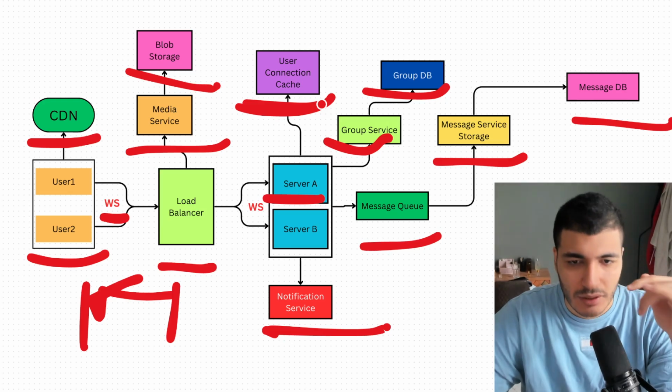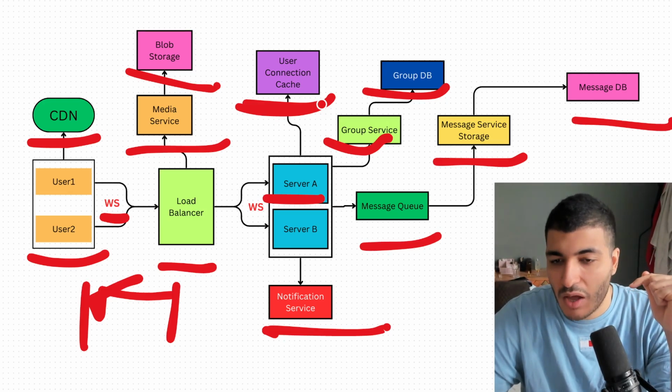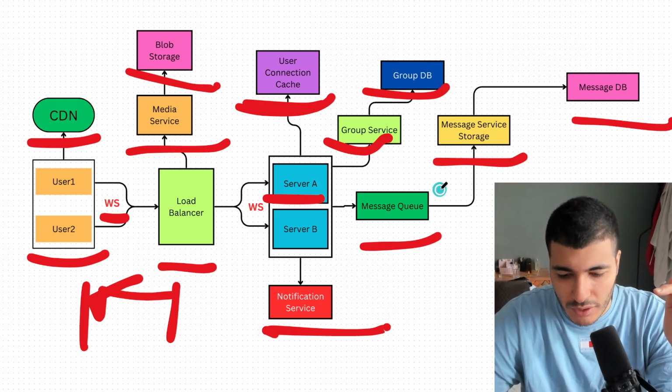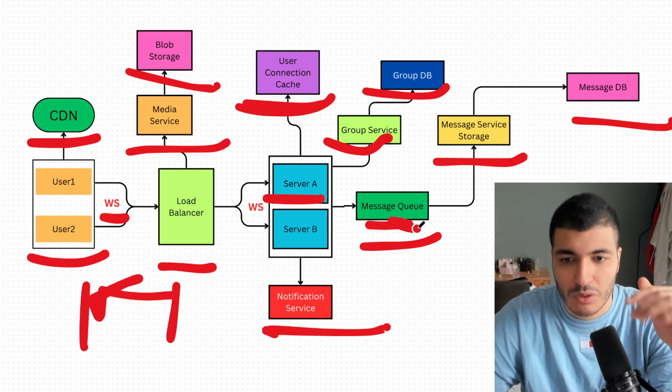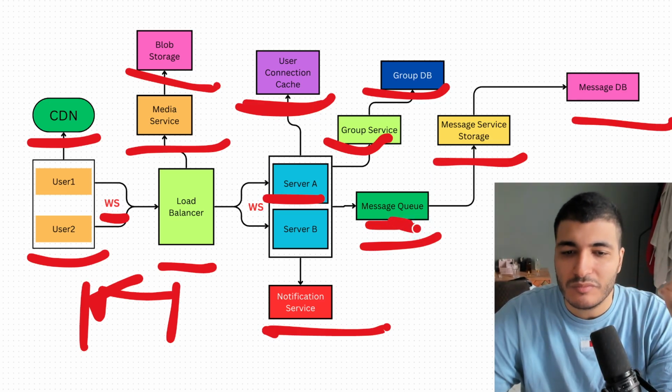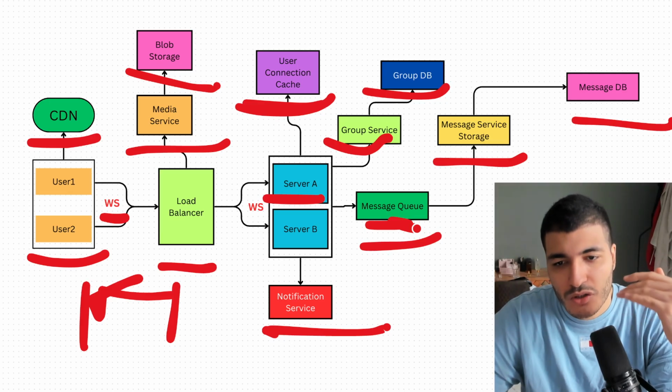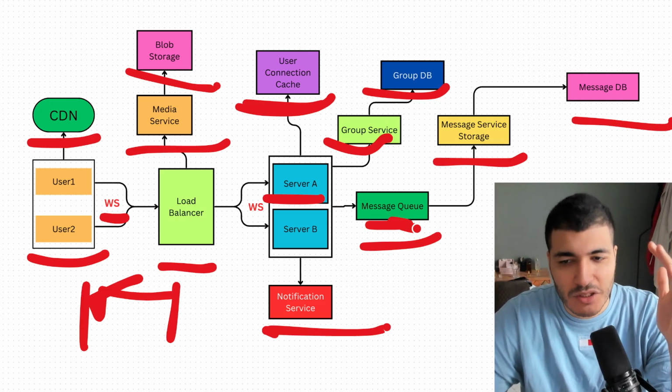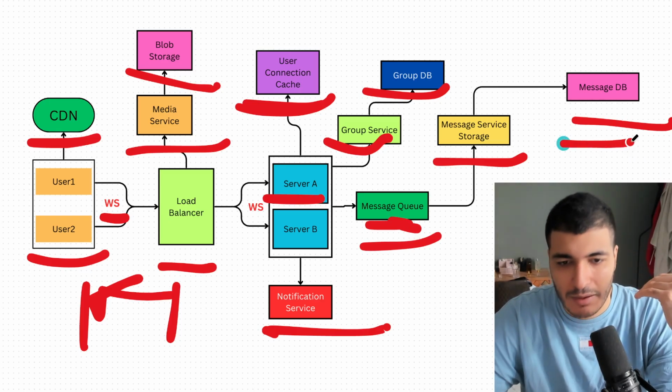user is online. The chat server A will write the message to the message queue, and after that the message storage service reads from the message queue and stores the message in the message database.